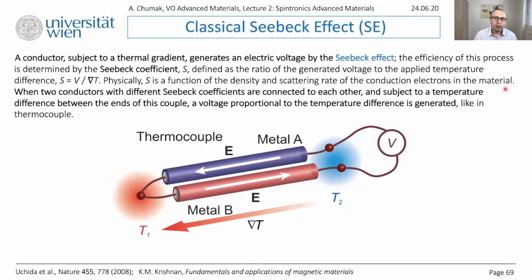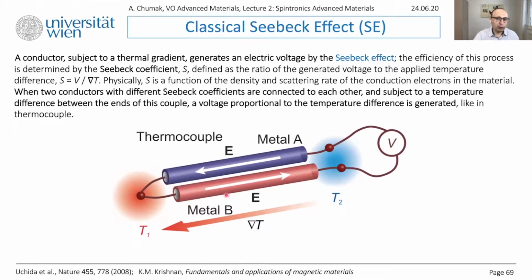Having this effect, what we usually do afterwards is put two different metals with different Seebeck coefficients together in such a way that they both have the same temperature on one side and the same temperature on the opposite side. Because we have a difference in the Seebeck coefficients, we will get a voltage which will be a measure of the difference in temperature.